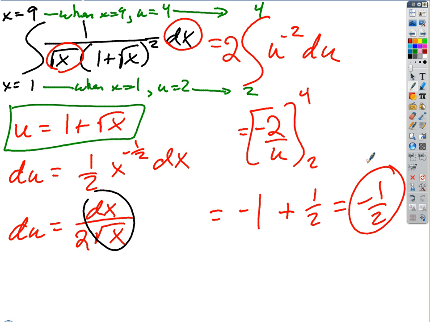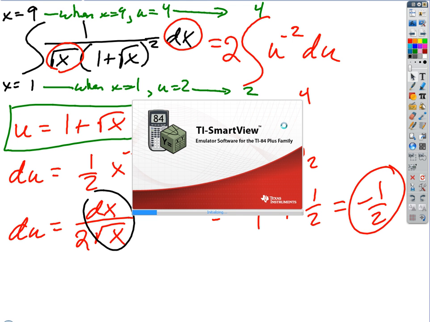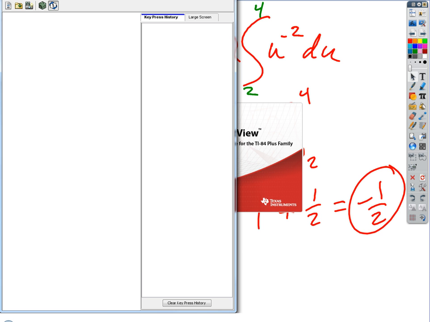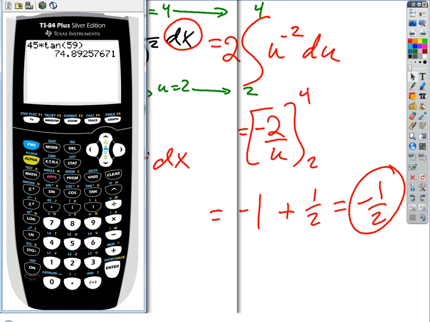Now, what's really pretty interesting about this, I just have to show you. This is really cool. If we graph those two things, now check this out.